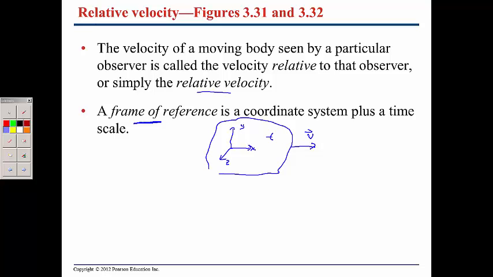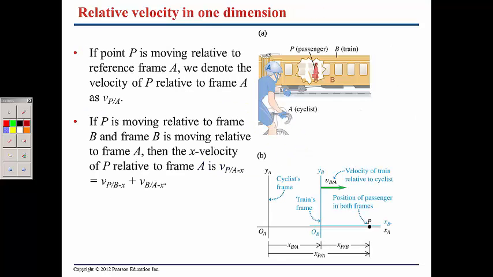Now, relative velocity, if we think about looking at a train, and there is a passenger on this train, and that passenger is walking towards the front of the train, let's just say maybe at a mile per hour. And this train is also moving at 10 miles per hour.